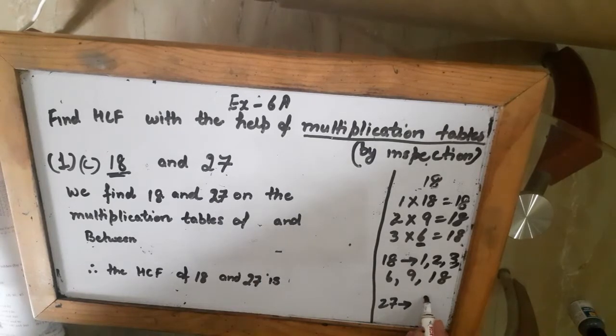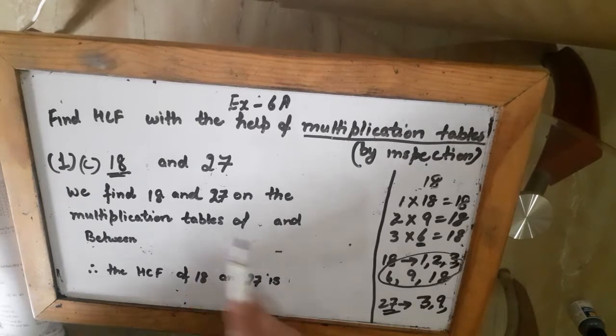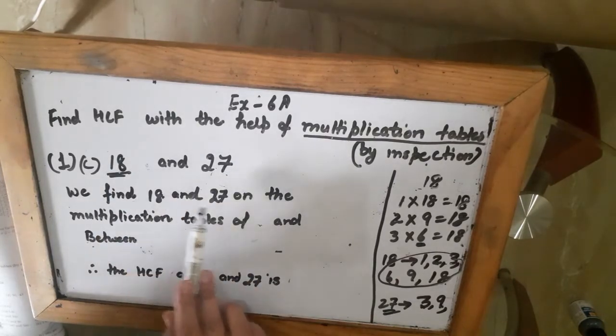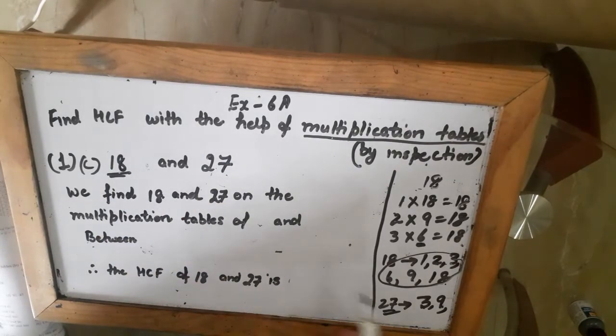Yes, 3 9s are 27, it means 3 is a factor of 27. 6, no, on the table of 6 we don't get 27. 9, yes, 9 3s are 27. 18, no. So out of these factors of 18, 27 also has these common factors.